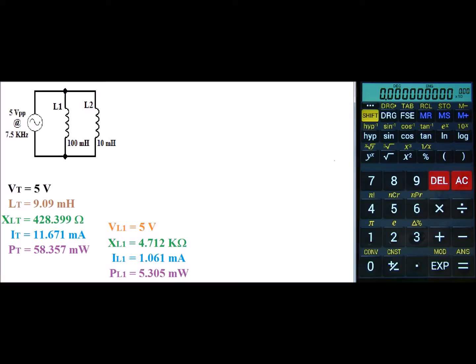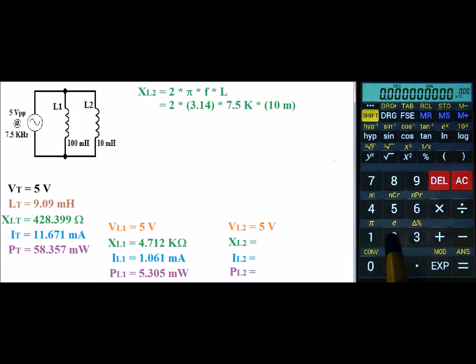Let's take a look at the second inductor. Of course, this is a parallel circuit, so voltage remains the same. So VL2 is 5 volts. Our next value is XL2, the inductive reactance of L2, and that is 2 times pi times F times L2. So we have 2 times 3.14 times 7.5 K times 10 milli.